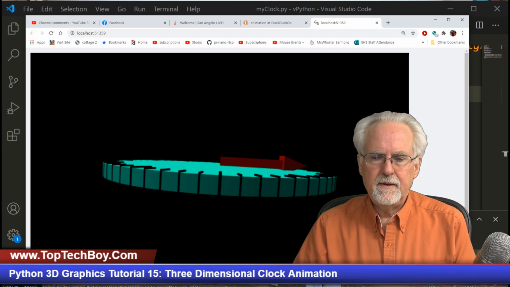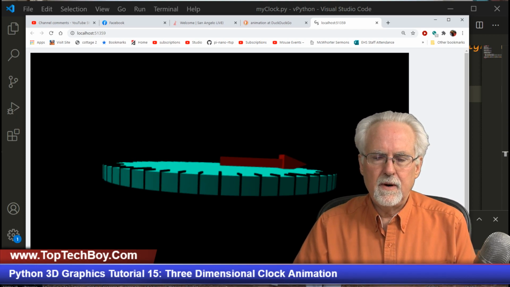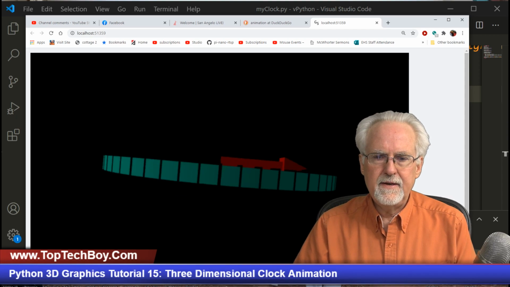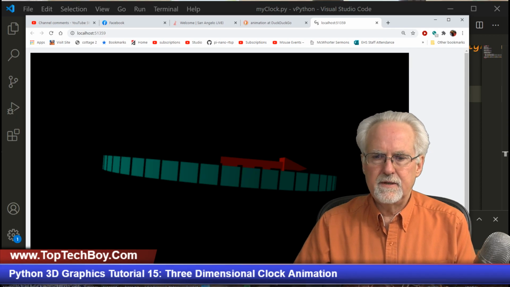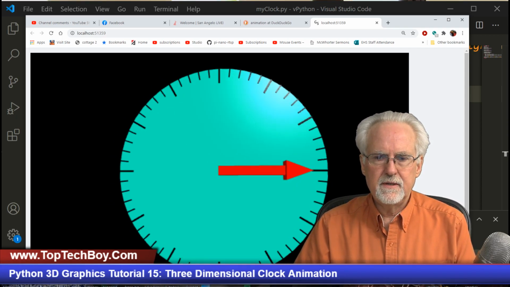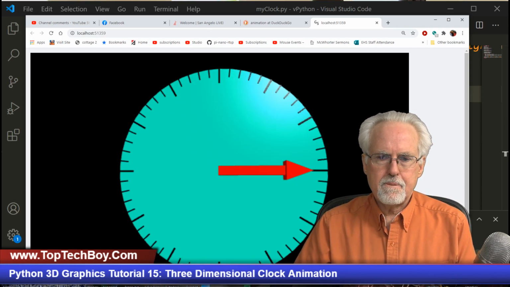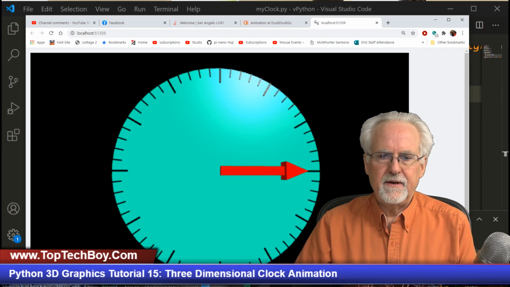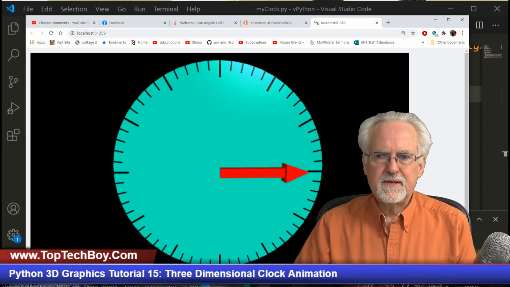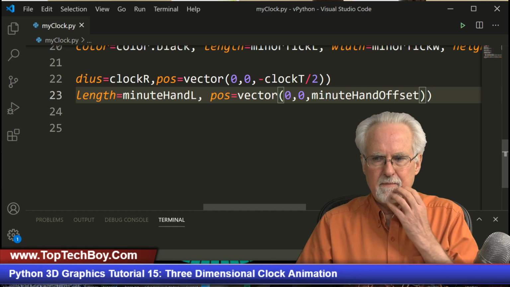I am down in there a little bit, so I need to come up higher than that. I think I need to come up one full radius, or one full thickness of the clock, I'm thinking. I also think that's kind of thick. I think it's kind of kludgy. So let's try to fix a couple of these problems.